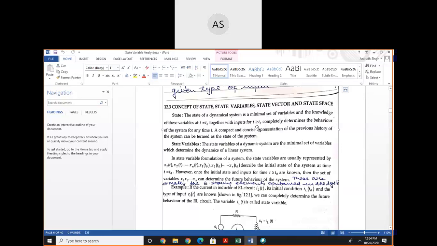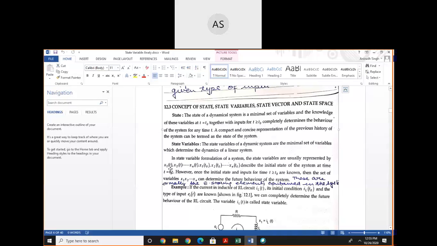Means if we know the initial conditions and the input, then we can determine the system behavior.